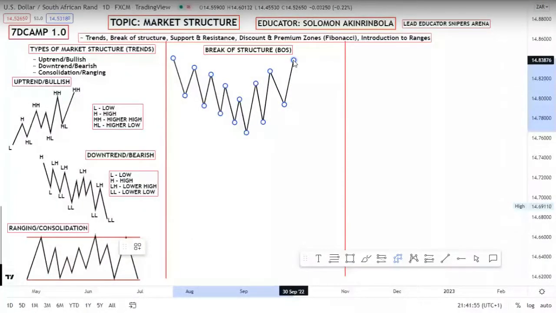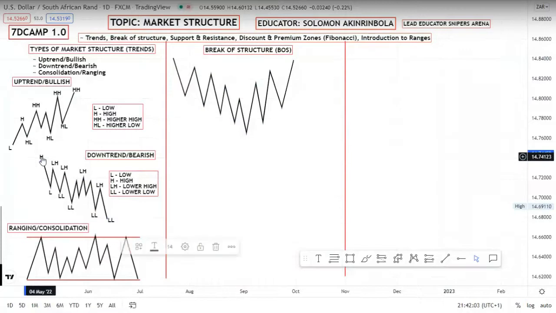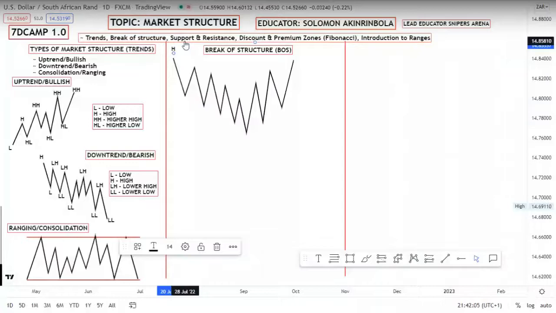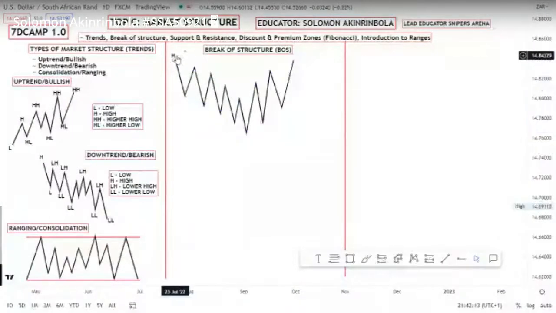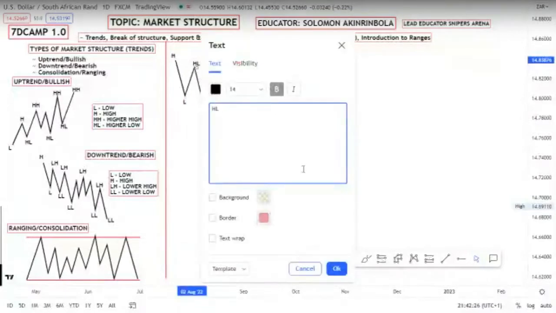All right, I think this is enough for that. Now, guys, I'm combining two things together. Look at it. Price responded to a low and retraced back to give us a lower high.